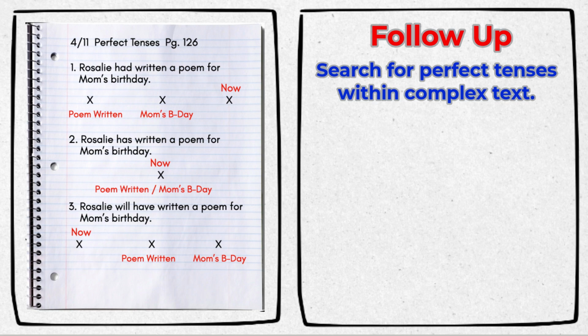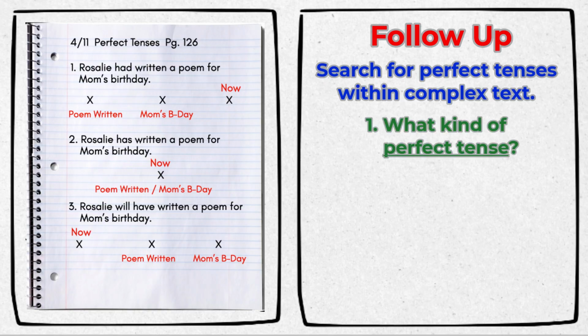in a while in the content that you're reading in your other subjects. This can apply to any complex text your class is reading in science, history, and especially your literature texts. Each time you stop and point out perfect tenses when you see them in difficult texts, you can pause, ask the class, 1, what perfect tense is this?